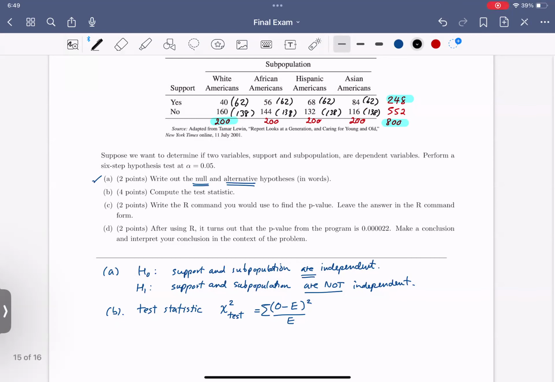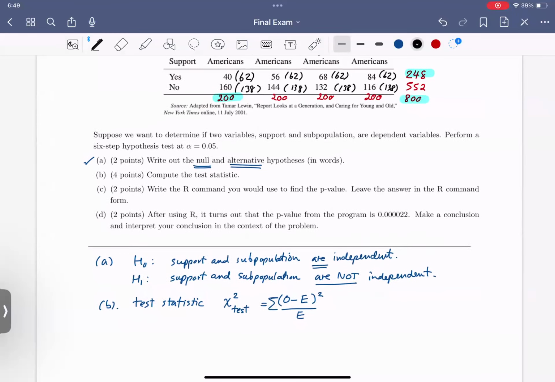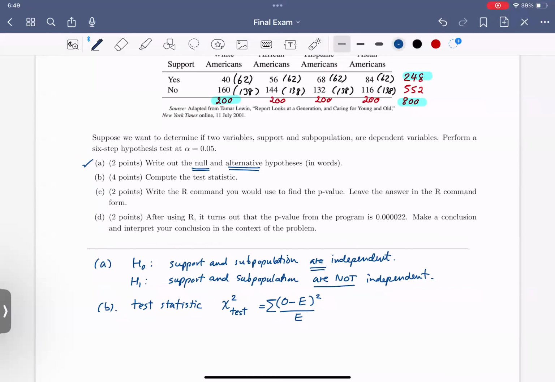All right, and the chi-square test, when you compute it, is going to start from 40 minus 62. So 40 minus 62 squared plus 56 minus 62 squared plus 68 minus 62 squared plus 84 minus 62 squared.